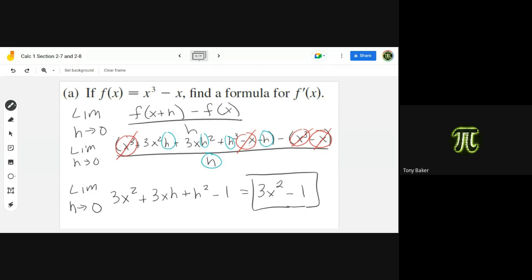Just plug the number into that one. So if I wanted to know the slope when x equals 2, I plug in 2 to the formula that I just did. So I plug in 2 to this, and I'd get 11. And that's my slope.